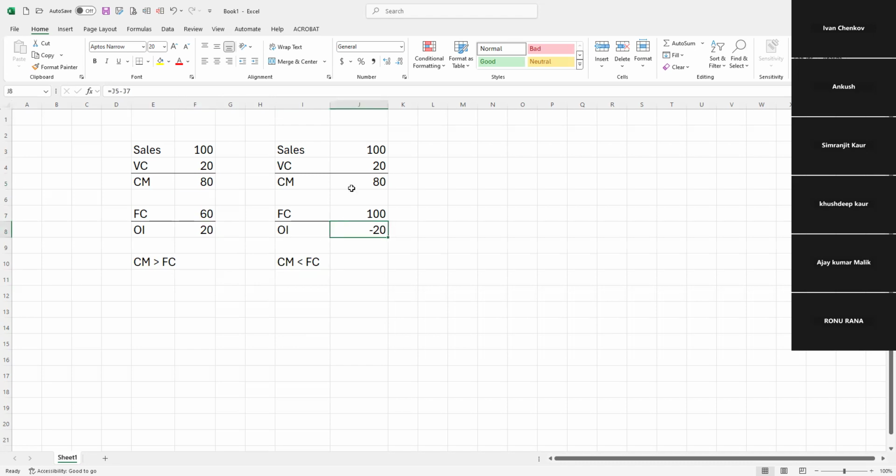But in this case, if I stop this product, I'm going to save $100. I don't have to pay those $100 anymore if I stop this. But I'm going to lose $80 from the contribution margin that this product produces. So overall, my saving on the fixed cost is more than the contribution margin lost.